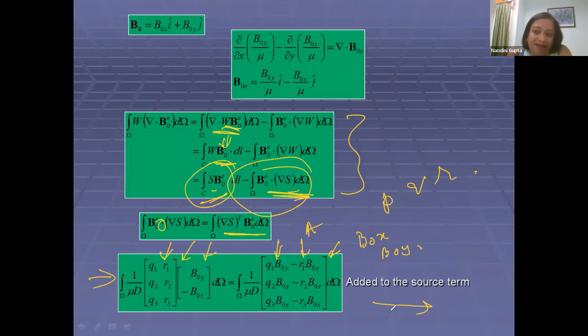What we are finding out through this discretization process is that if you have a residual magnetism, that residual magnetism behaves like an additional source term in your equation, and like all source terms, it adds to the force vector on the right hand side of your equation. It does not add to the stiffness matrix. Is this clear to everybody?